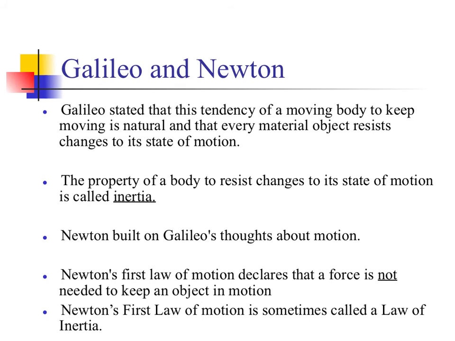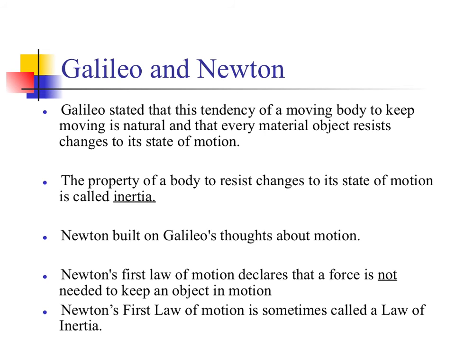So Galileo stated that the tendency of a moving object is to keep moving. That's the natural state, and every material object resists changes to its natural state. This idea is known as inertia. Inertia is a property that resists change in states.